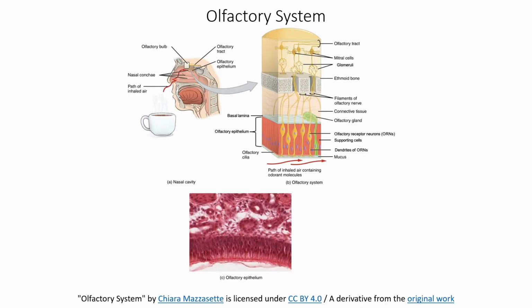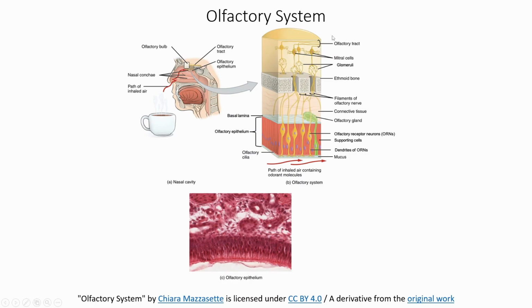If we look at this guy here, he is smelling a cup of coffee, right? It's first thing in the morning. Air is inhaled, taking that deep whiff of that coffee smell. It's circulated through the nasal conchae, and at the very top of the nasal cavity, we have the olfactory tract, the olfactory bulb, and the olfactory epithelium extending downward.